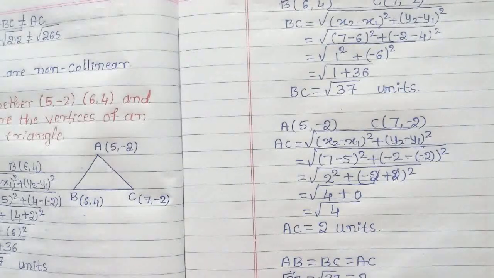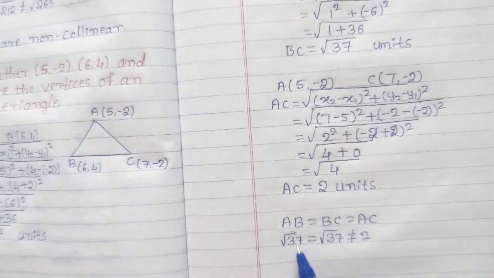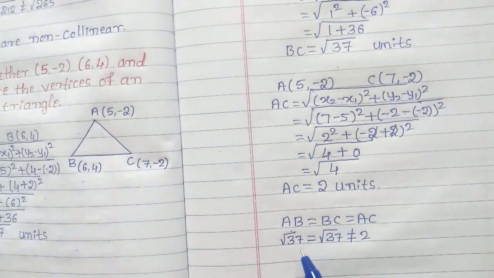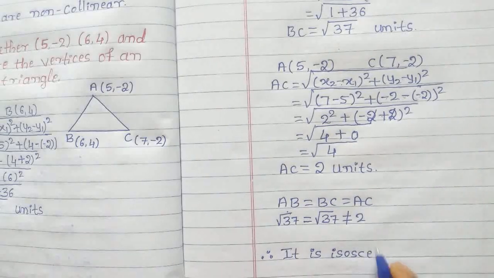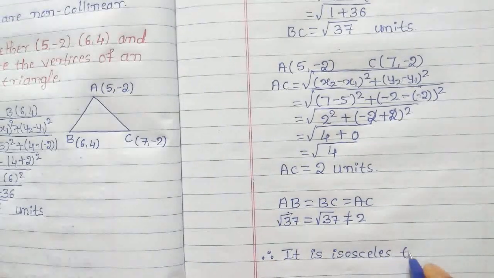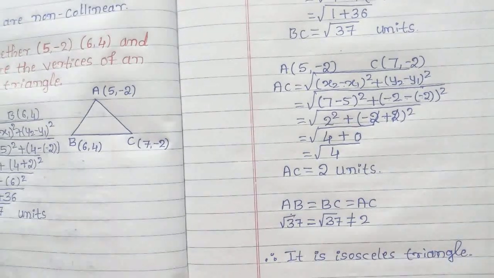Here two sides are equal: square root 37 is equal to square root 37, and it is not equal to 2. Therefore ABC is an isosceles triangle.